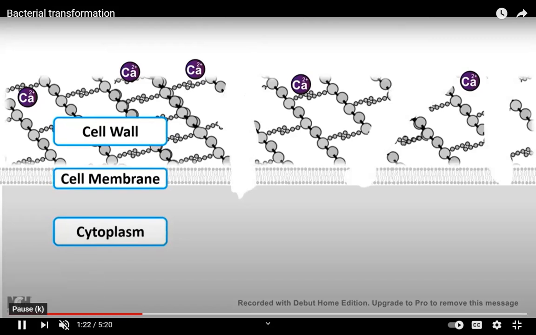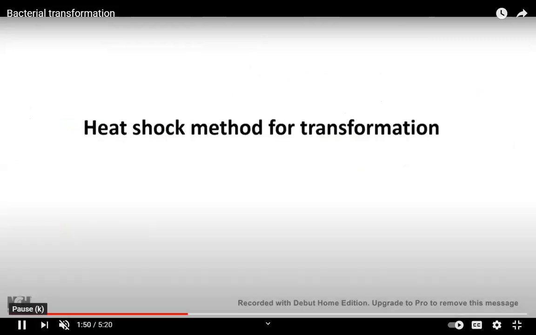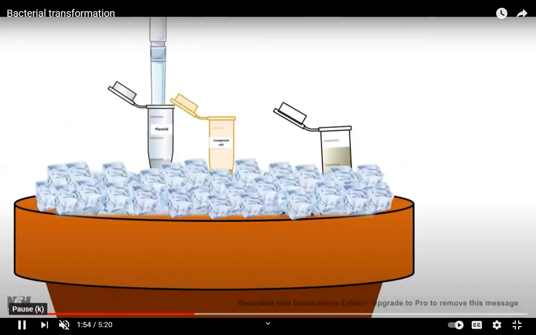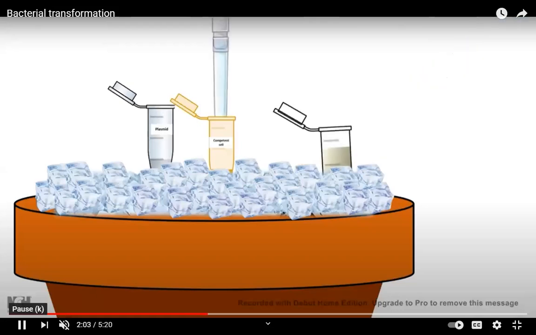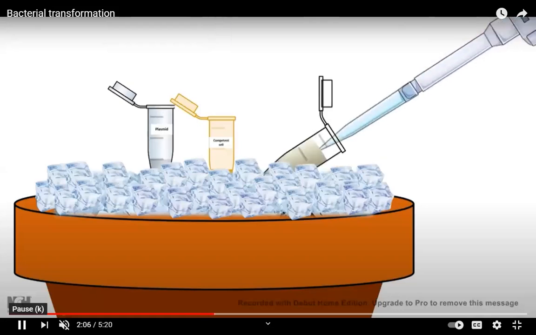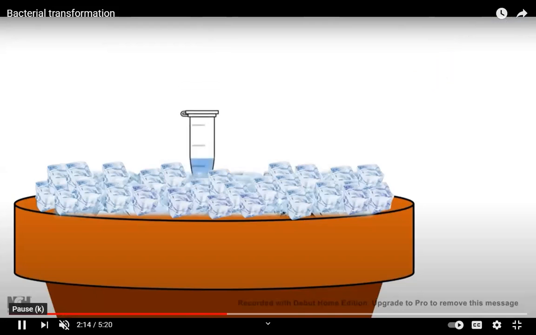Now, when we are looking at this transformation process, there's a chance we could accidentally kill the bacteria as well. So we're going to have to check to make sure that the bacteria actually survives the transformation process, because we are going to do what's known as the heat shock. The first thing we're going to do is take that plasmid and digest it, and we are going to input the cells that we want.